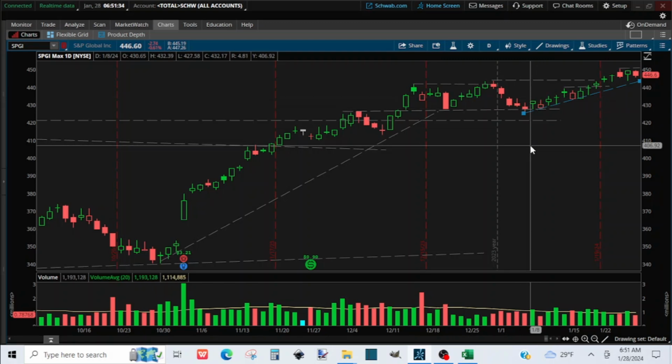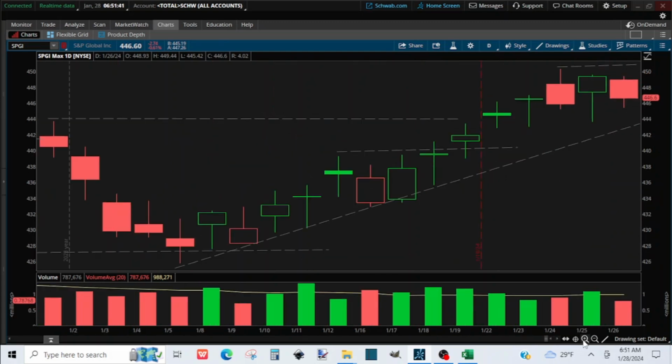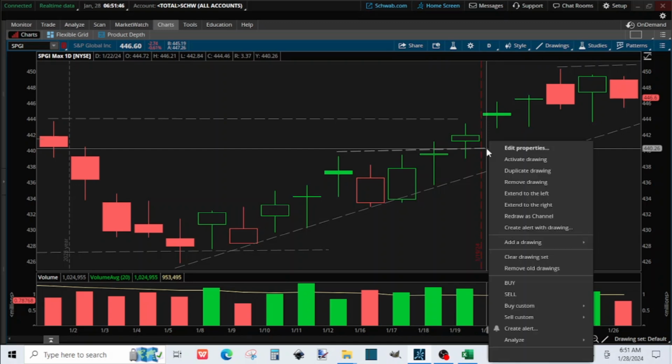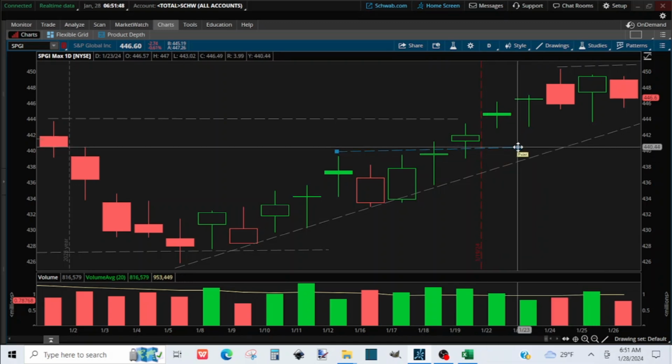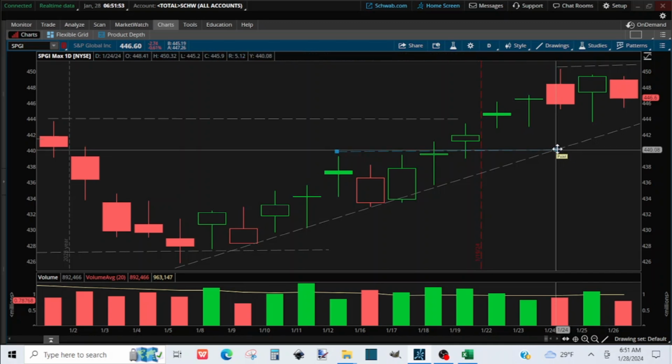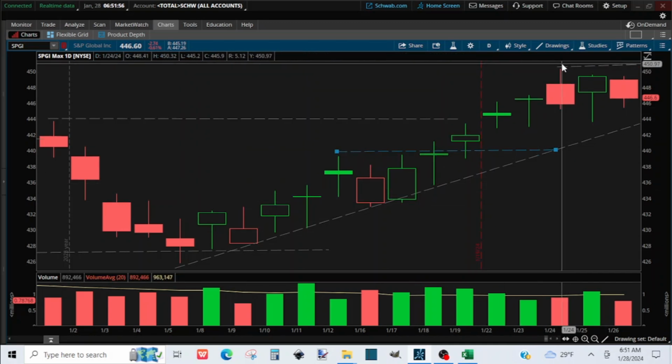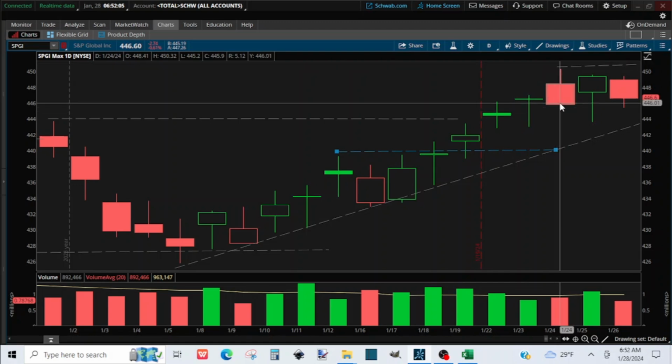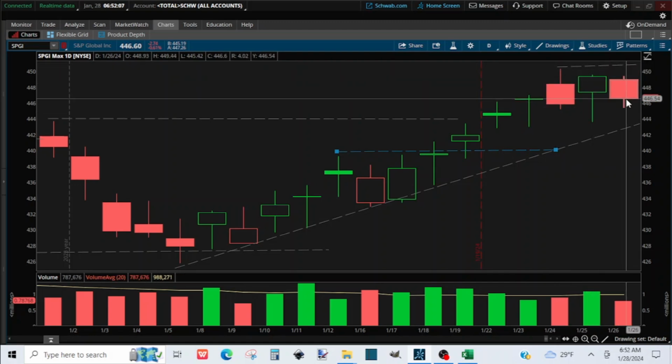That's what made me think it started a new trend here, and let's get closer to it. Okay, so we have this, it went up, and it closed down, but then this one went up and this one is down.